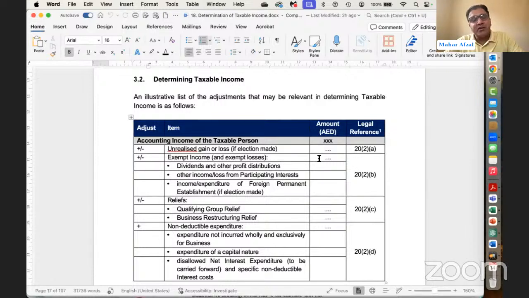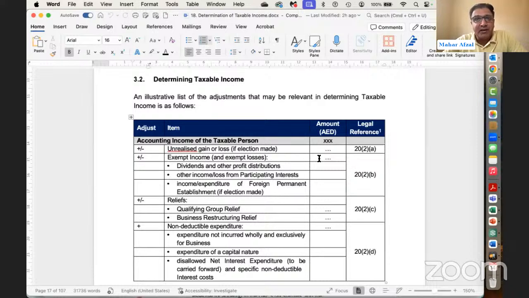The second is starting with the net accounting income, reversing back, adding back the non-allowable expenses, and then arriving at the taxable income. We concluded that in the law, only one method is available, with no option, and this method is the indirect method.